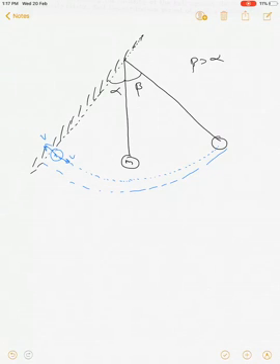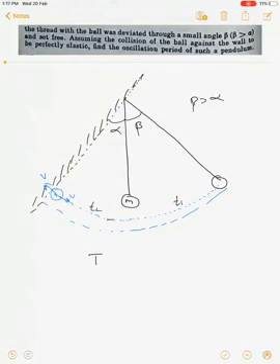So we can divide the time taken into two parts. One is the time taken by the bob to move from the extreme position to the mean position, let's say t1, and the time taken to move from the mean position to alpha is t2. So the total time period will be 2 times (t1 plus t2).